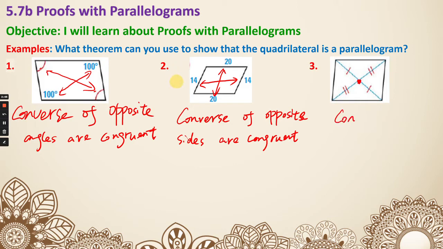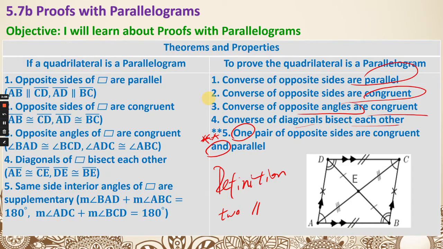So that is converse of diagonals bisect each other. And these are actually the few things we can use. We can have a look again. Right here, bisect each other, sides congruent, sides parallel, right there.